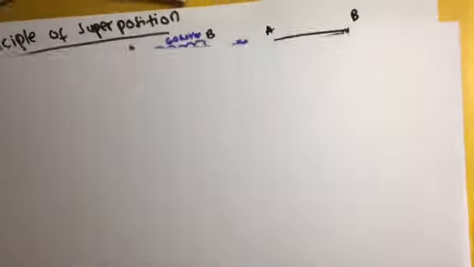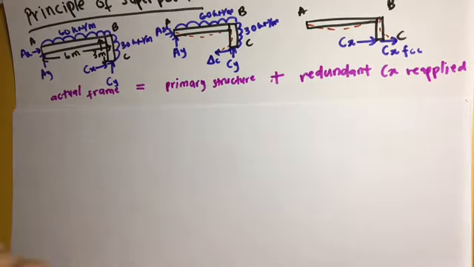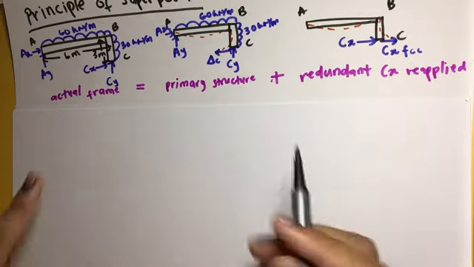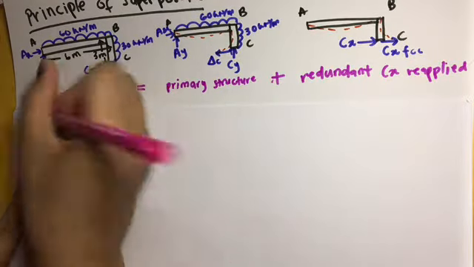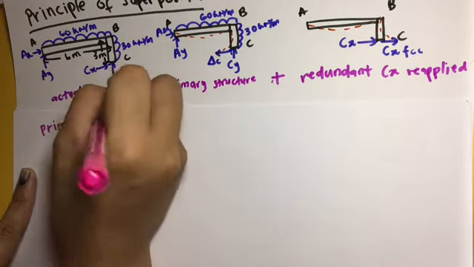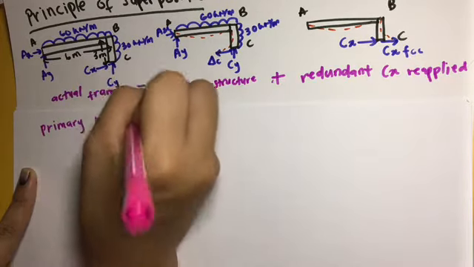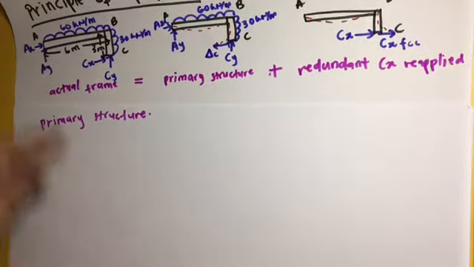Alright, after that we are gonna draw the primary structure again. Okay, we'll just draw this one over here. So it looks like this.